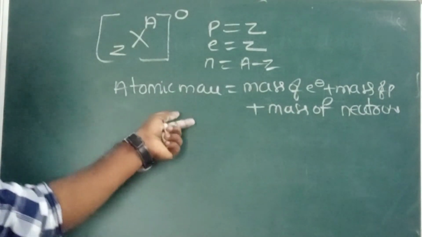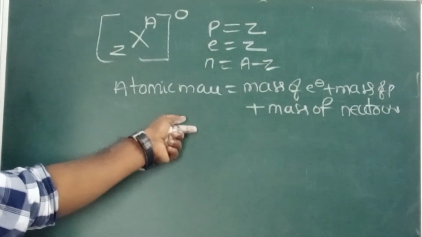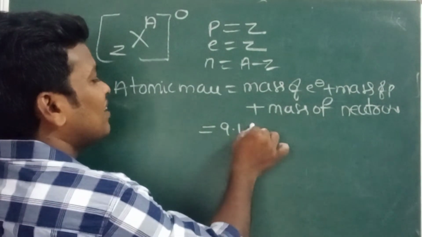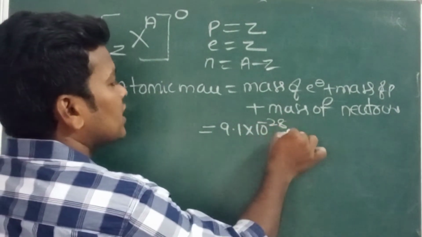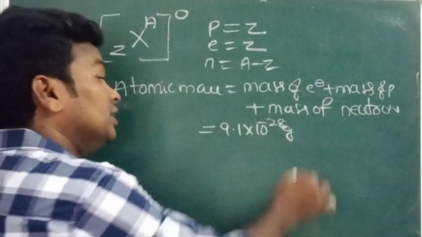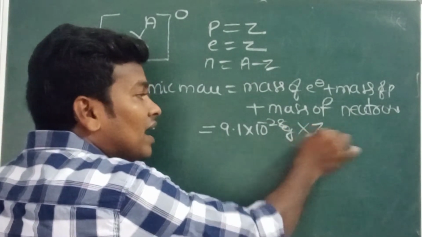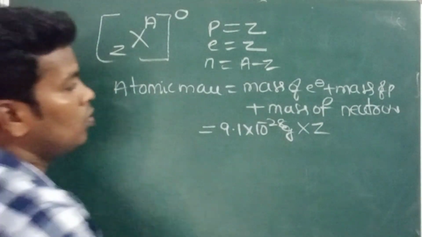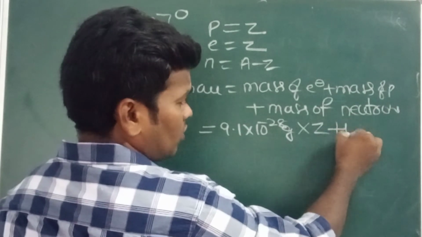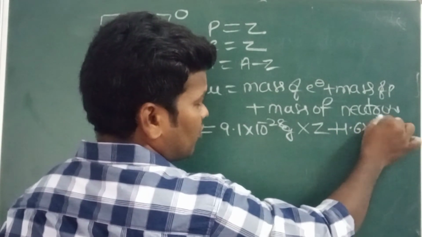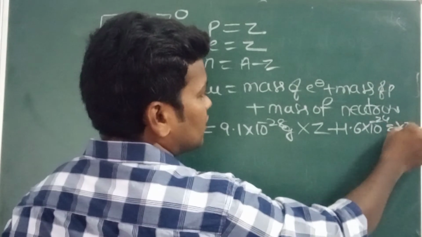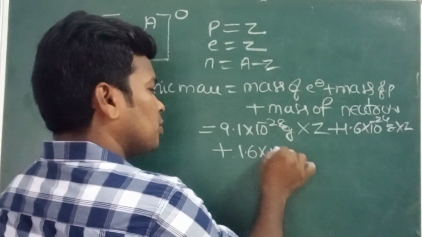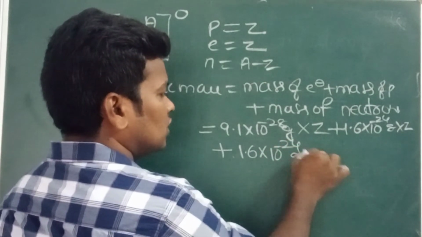Already we know the mass of the electron: 9.1 into 10 to the power of minus 28 grams, multiplied with the atomic number. Mass of proton is 1.6 into 10 to the power of minus 24 grams multiplied with the atomic number. Mass of the neutron is 1.6 into 10 to the power of minus 24 grams into Z.